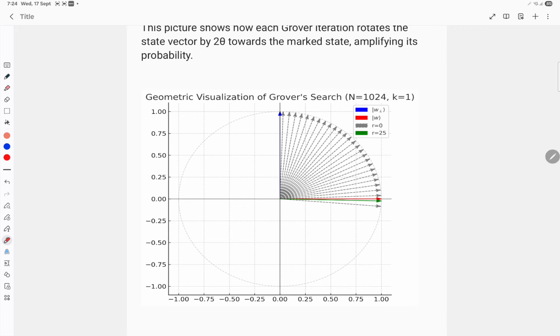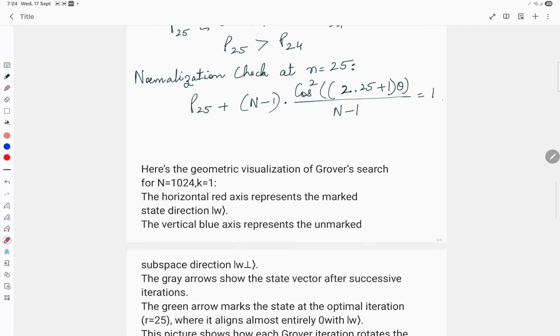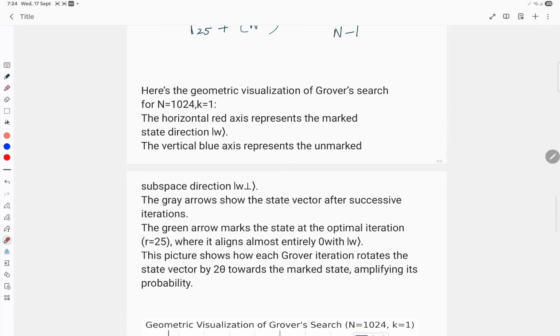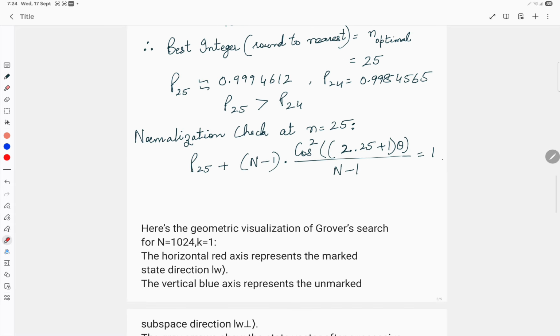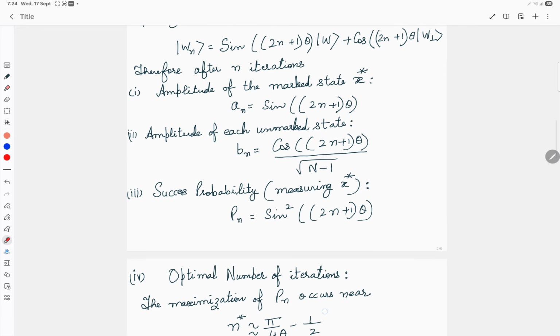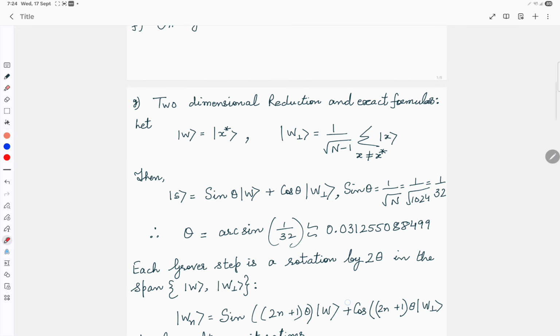Because the diffusion operator will basically perform the amplitude amplification, and the basic principle of working of the diffusion operator, we know, is inversion about the mean.